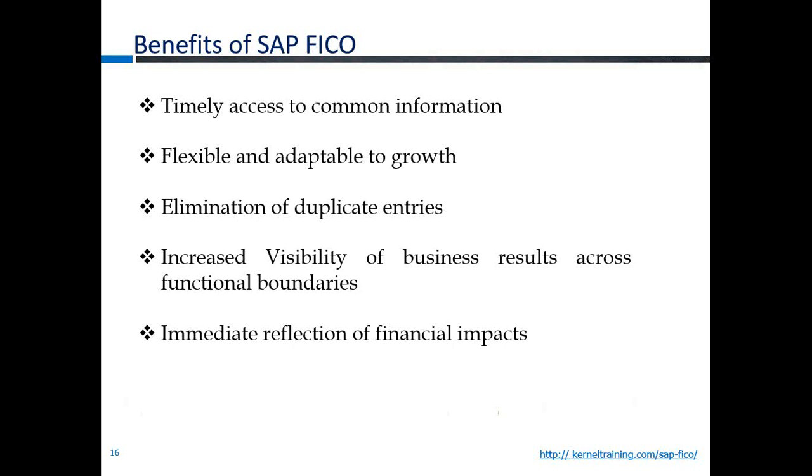Anything can be integrated and analyzed with various reports. For purchase you have a purchase journal, for sales you have a sales journal, so you can reconcile, and you have transparency in the business, which is very essential.